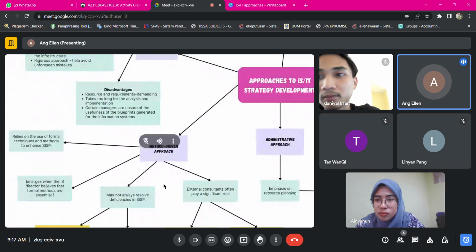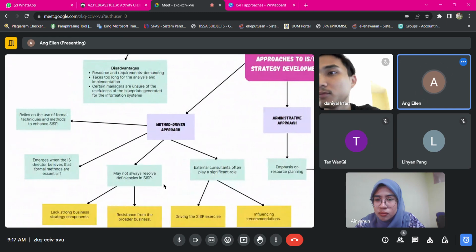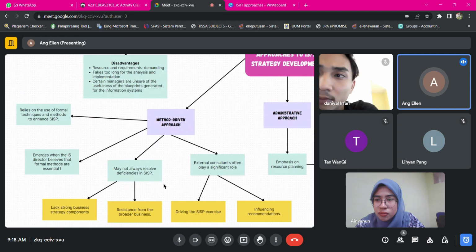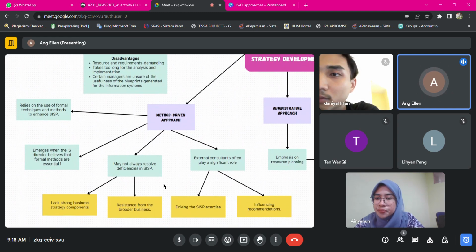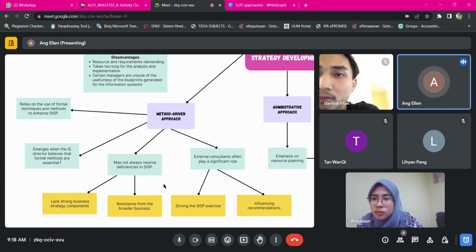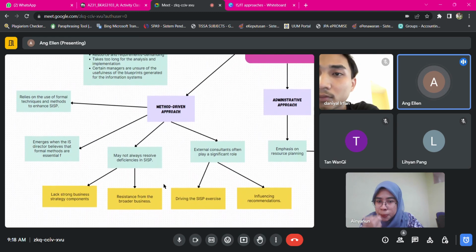So I continue with the method-driven approach. It is an approach that relies on the use of formal techniques and methods to enhance SISP, and it emerged when the IS director believed that formal methods are essential.